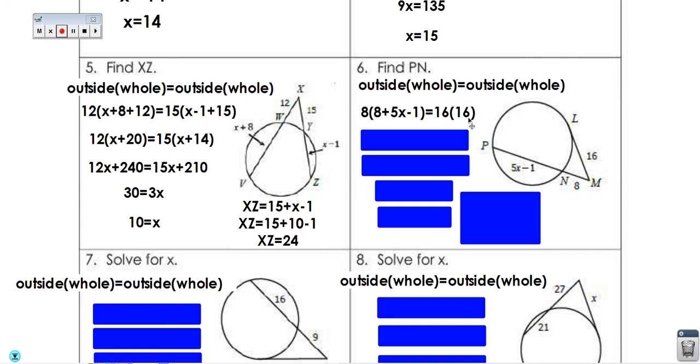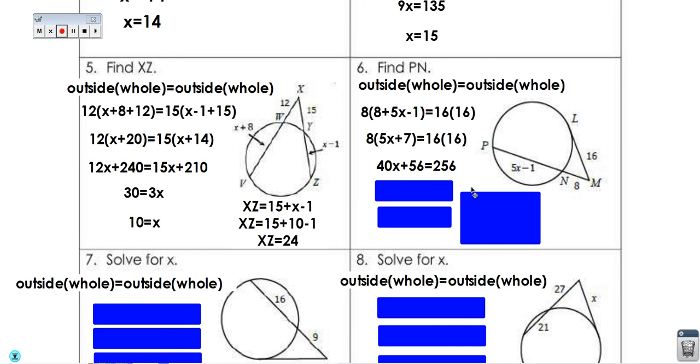So we get 8 times 8 plus 5x minus 1, that's outside times the whole, equals 16 times 16, because 16 is both the outside and the whole. Now we'll combine like terms, and we'll get 8 times 5x plus 7 equals 16 times 16, and then we go through and solve.